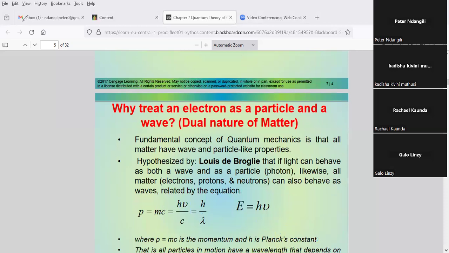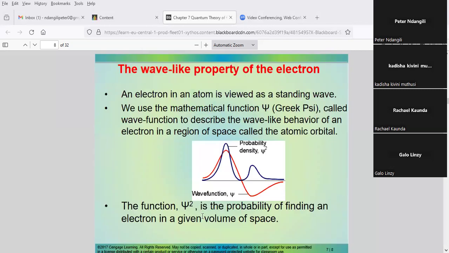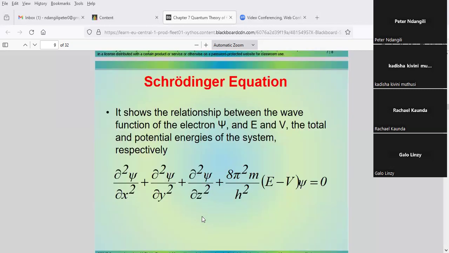Let me continue. So this is the Schrödinger equation, and it shows the relationship between the wave function psi, the energy, here we are talking about the total energy, and the potential energy of the system.